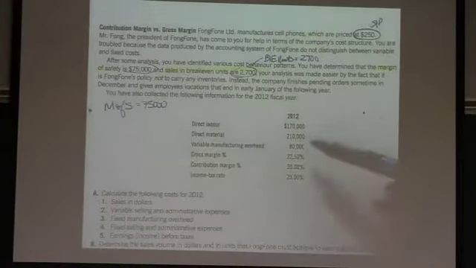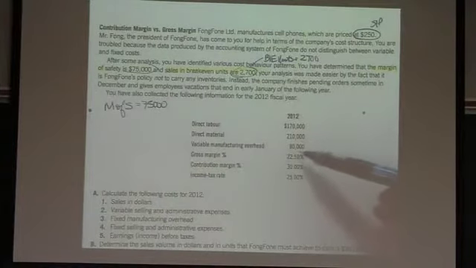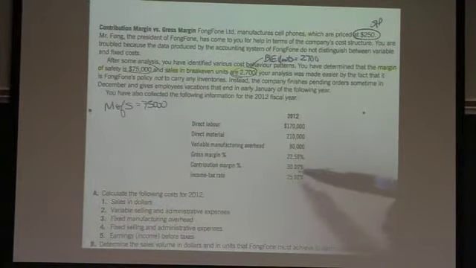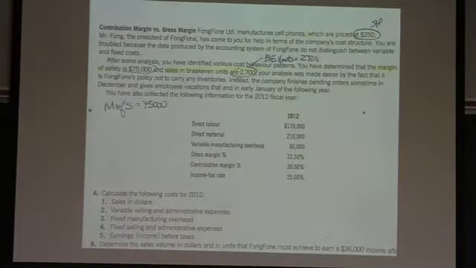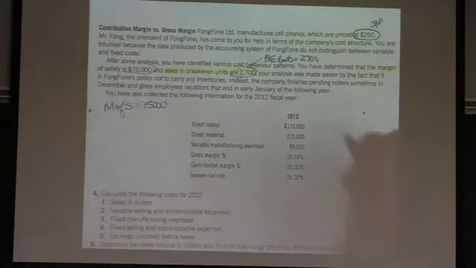So, you're given labor, material, variable, gross margin percentage, contribution margin percentage, and income tax rate. Just as a point, I wanted to highlight the difference here.